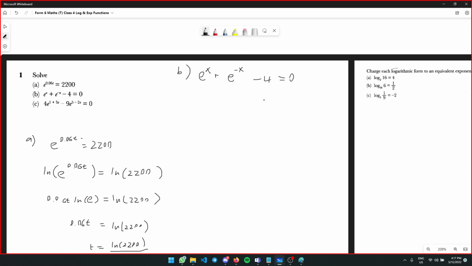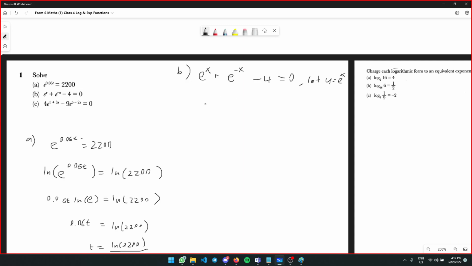So how do we go about solving this? There is one method you can try. You let u equal e to the x.